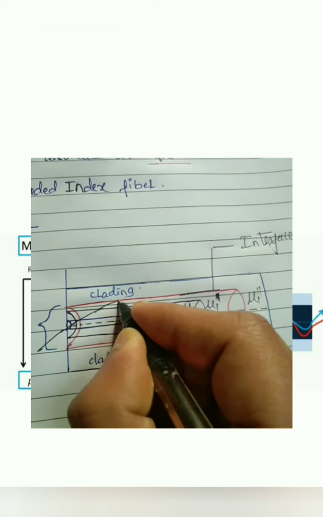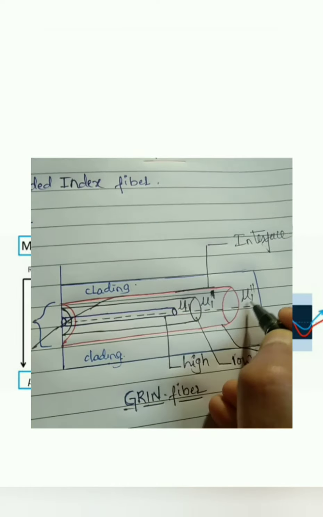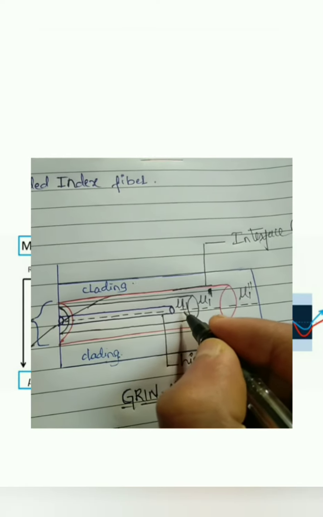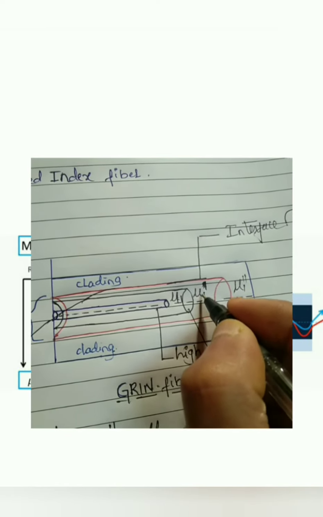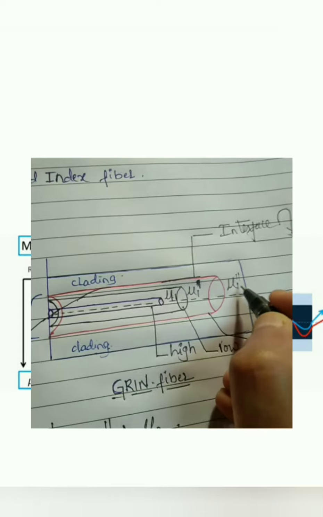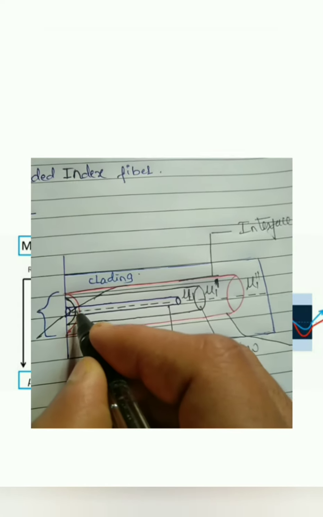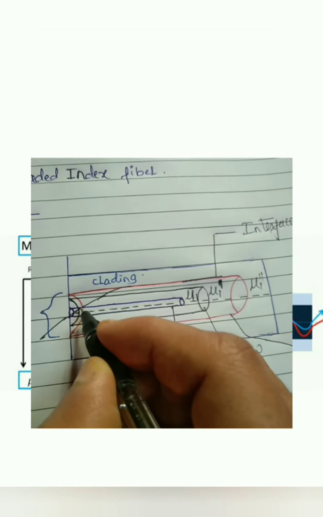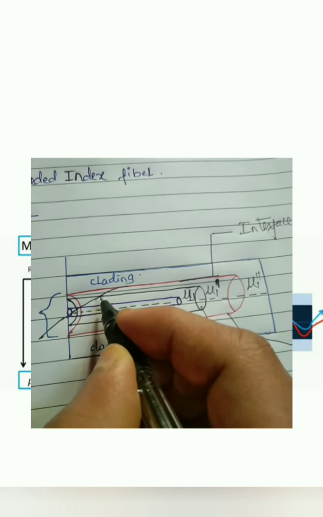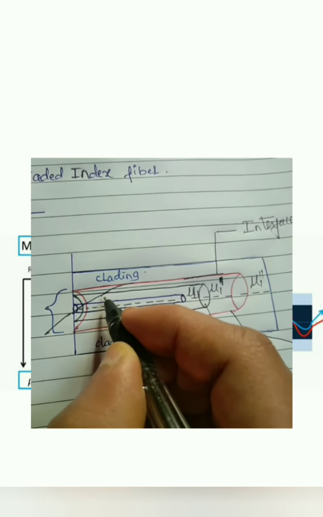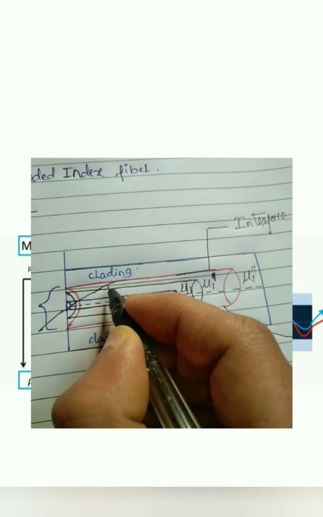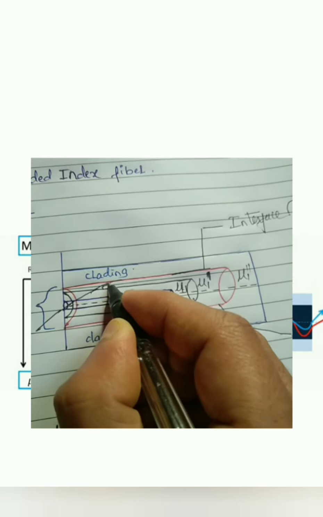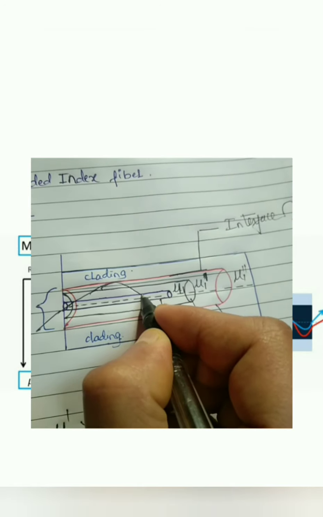This is mu1, this is mu1 dash, and this one is mu1 double dash. While passing, it reaches the first layer mu1, bends at the mu1 dash layer, and again reaches the mu1 double dash layer. What happens here? Easily it gets bent.